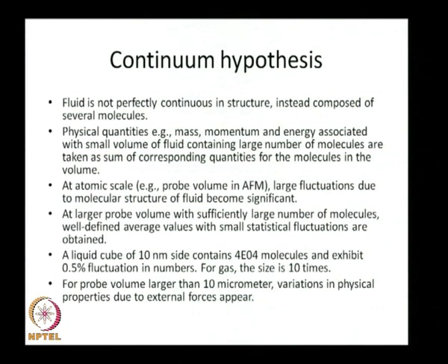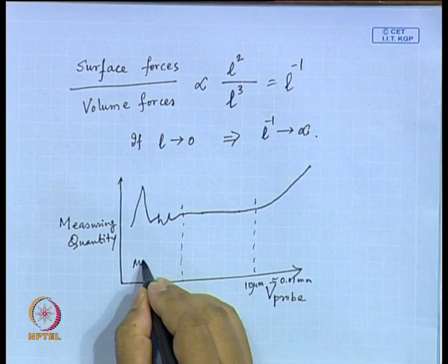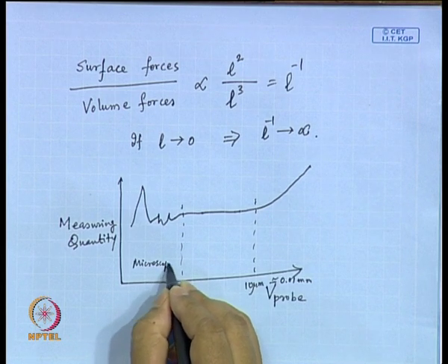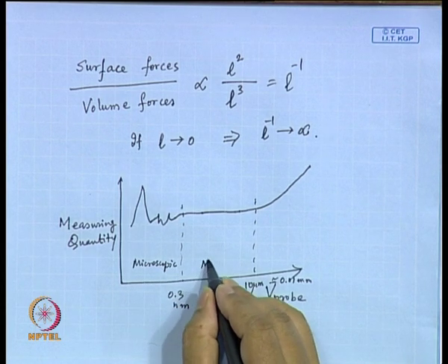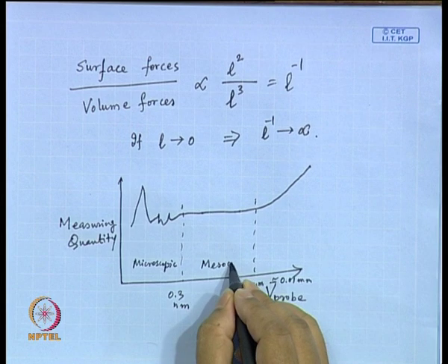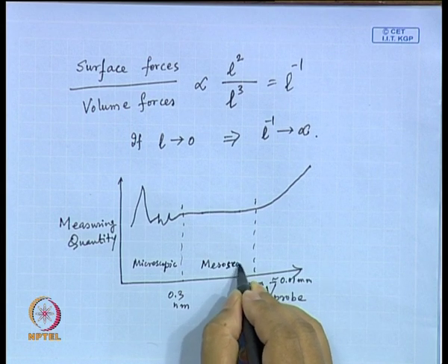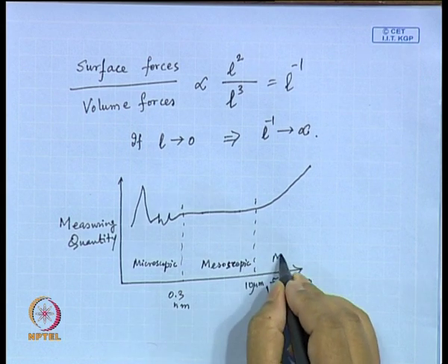Ideally, if you are looking for a measurement of physical properties per volume, this is referred to as the microscopic region, this is referred to as mesoscopic, and this is referred to as macroscopic.